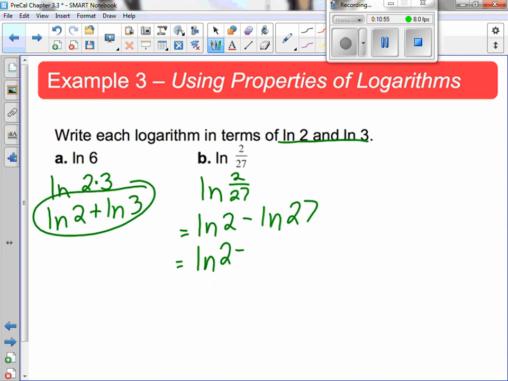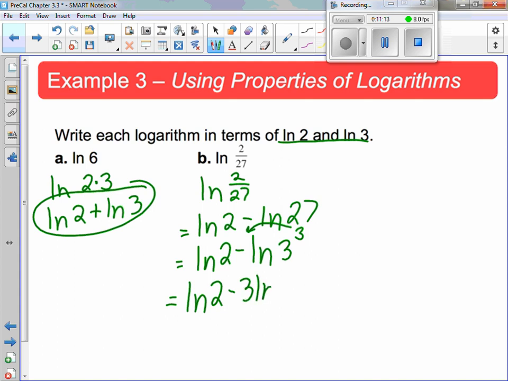But what is 3 to the third is 27, yes? We can move it out front and get ln of 2 minus 3 ln of 3.